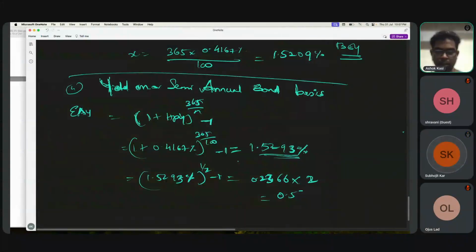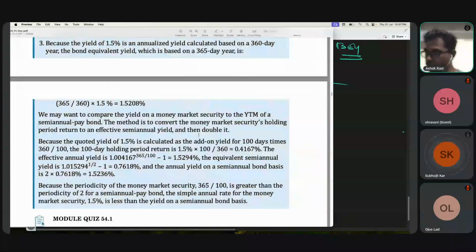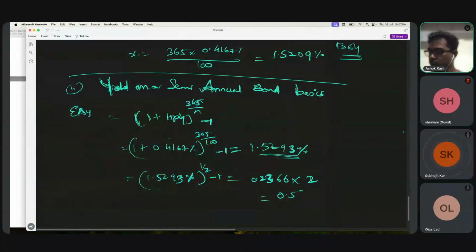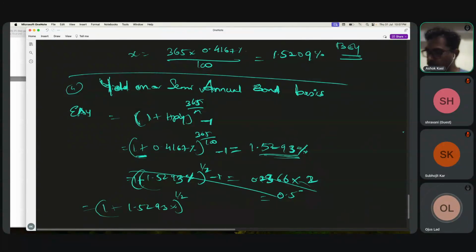That is because it is 1 plus, right? So let me write again: 1 plus 1.5293 percent, raised to 1 by 2, minus 1.